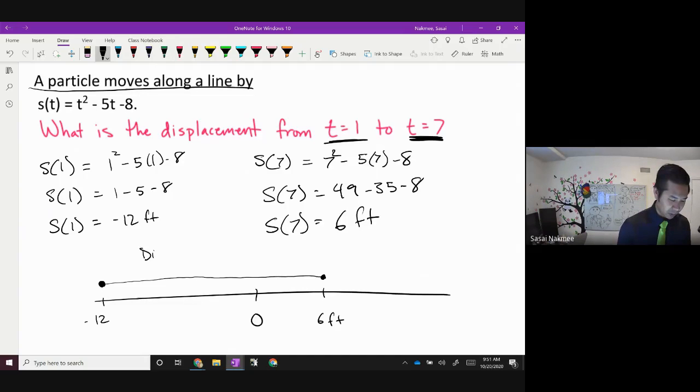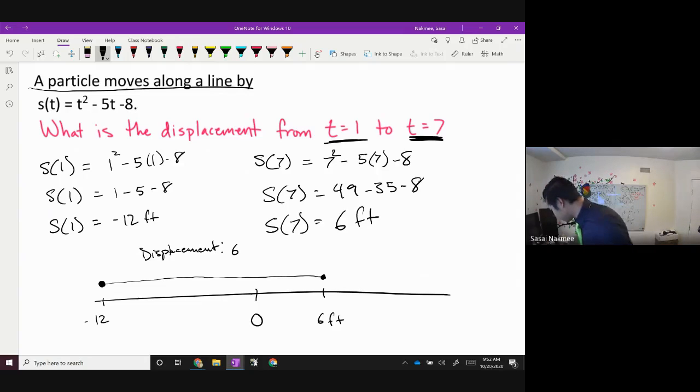The displacement for this problem is simply going to be equal to negative 12, right? Actually, I'm going to do it the other way. I'm going to do 6 where he finishes minus where he starts. That actually is easier. It's not always positive.